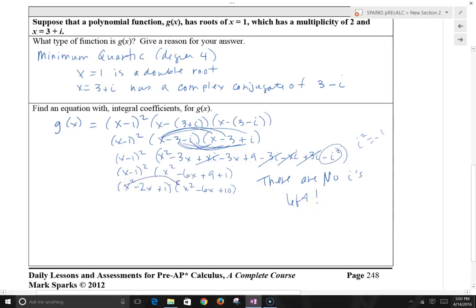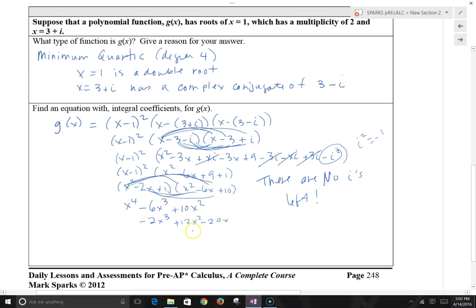And of course, we're not done. So now we're going to multiply this times this. Gives me a 4th degree. And then we do this times this, and that gives me negative 6x cubed. And then I get plus 10x squared. And then I get this one, which is negative 2x cubed. And then I get positive 12x. And then I get negative 20x.